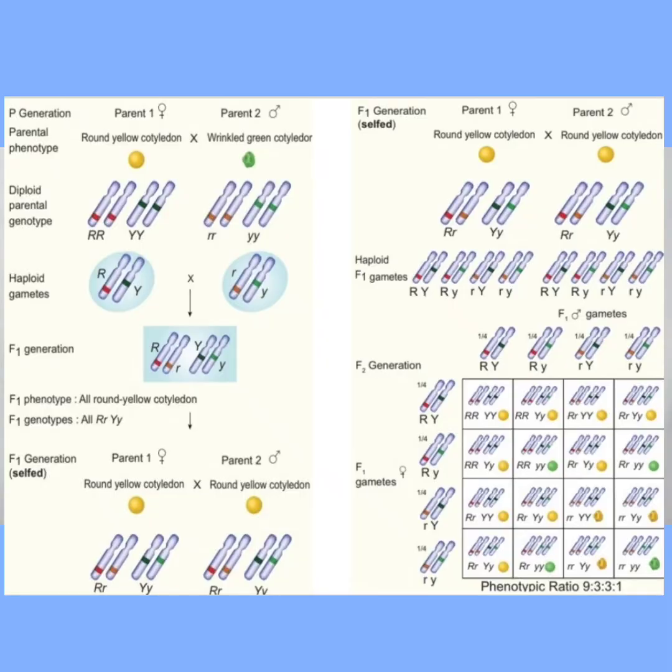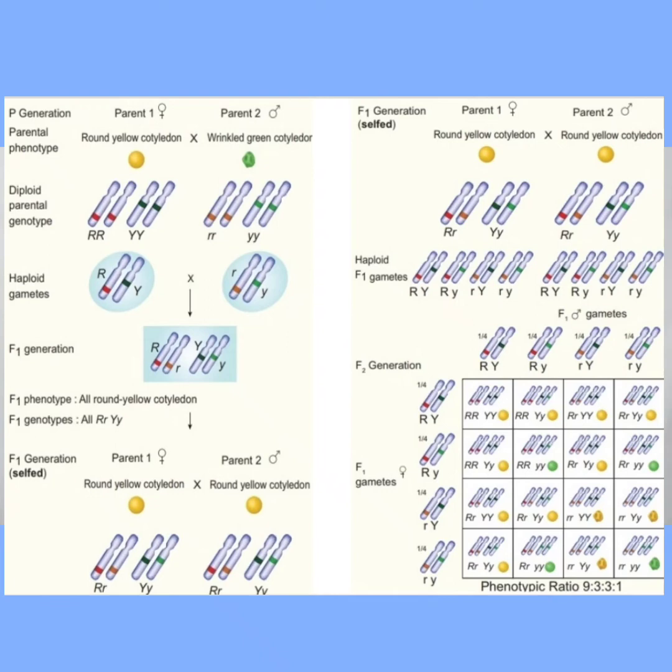Here in this image you can see on the left side the parent, which is round with yellow cotyledon, taken as the female, and the parent with wrinkled seed and green cotyledon taken as the male, and the genotype is capital R, capital Y, and on the other parent the genotype is small r, small y.